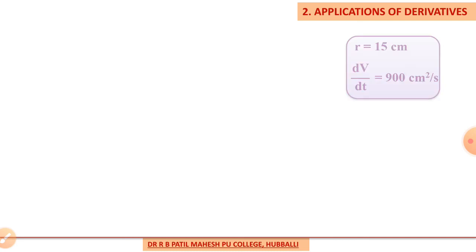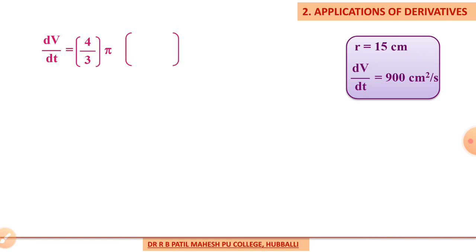So first you start with that formula, then differentiate with respect to t. So dV by dt is equal to 4 by 3 as it is, pi into 3r square, and the with respect to term is dr by dt.